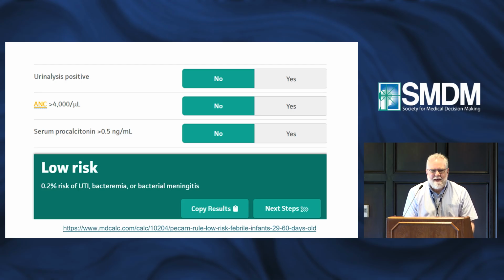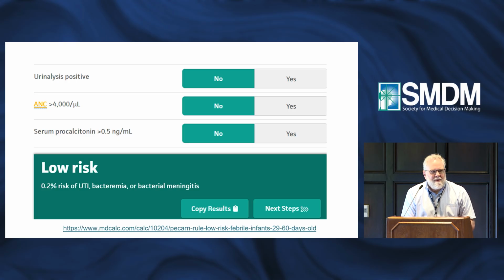So in my part of the world, there's a lot of discussion about rules and not very many discussions about models. And if you start talking about models, people sort of roll their eyes and lose interest. So what my residents do almost routinely before I get a crack at talking to them about the patient is they'll go to the internet and they'll search CHOP febrile infant algorithm, common search.